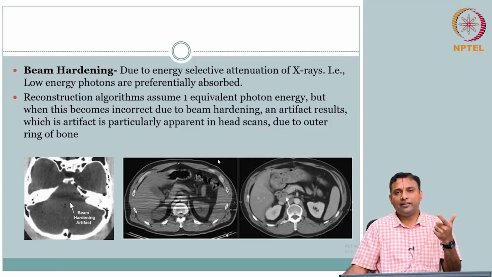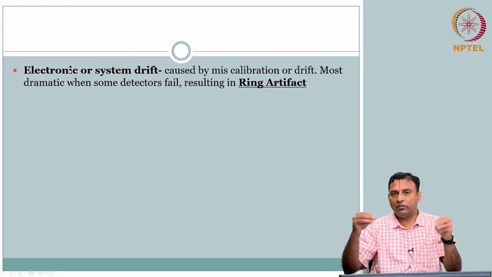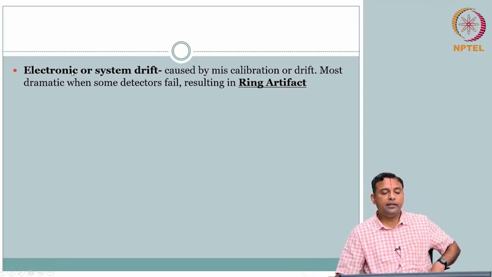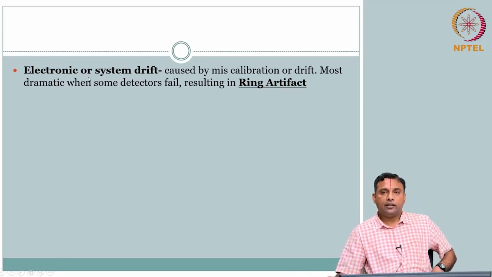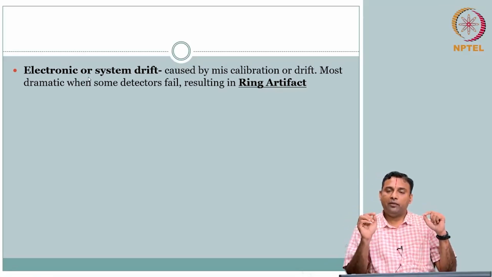What else did we talk about when we talked about introduction to artifacts? So when we come to CT, these are very prominent, and then you have a detector. Regular electronics is there, electronic drift, all those things are there, but more importantly we have detectors. If one of the detectors goes bad, what does that mean?